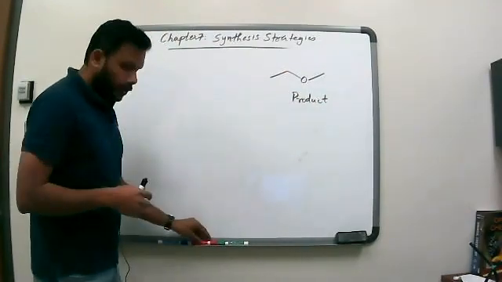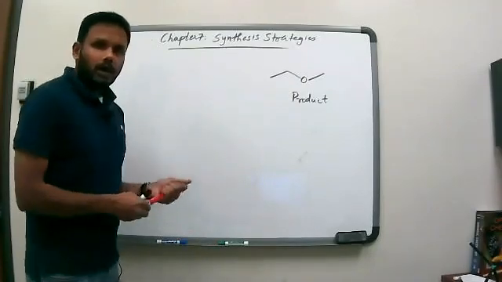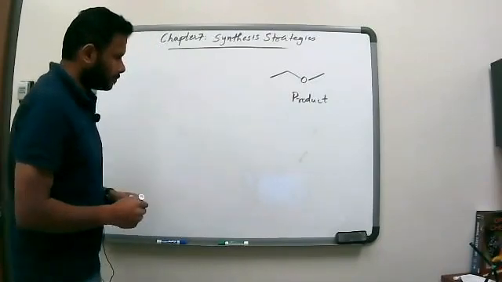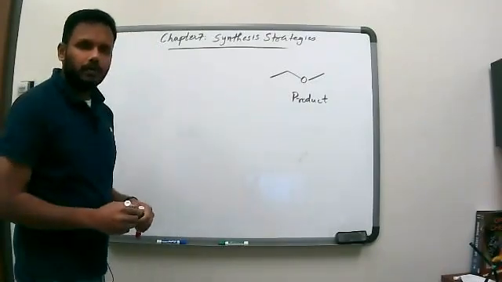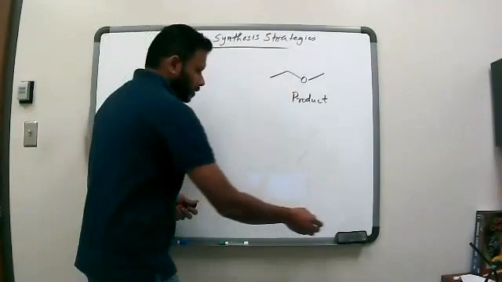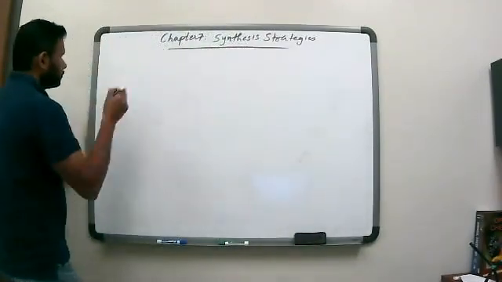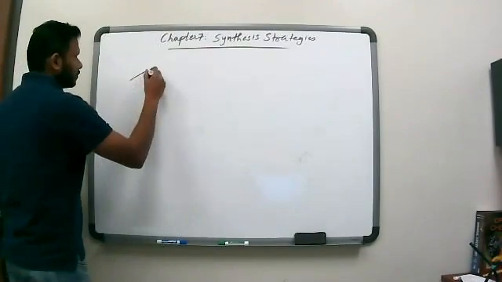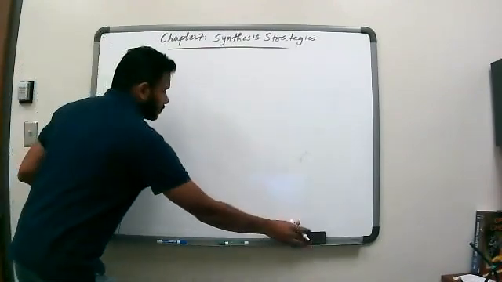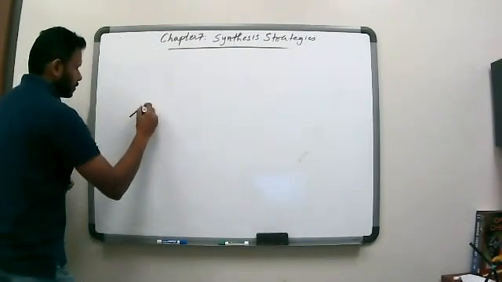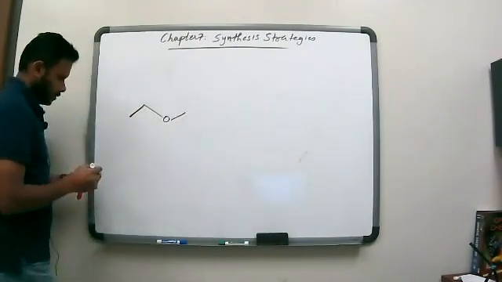So we might have to actually think about what the possible starting materials are for making that compound as a product. In fact, I want to draw this molecule here. Not there, I'm going to draw it here, okay?